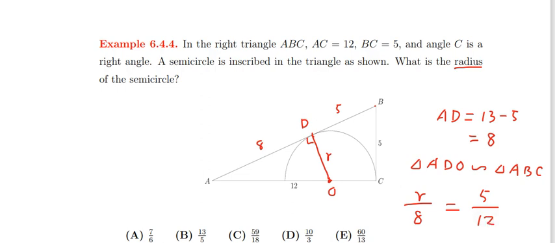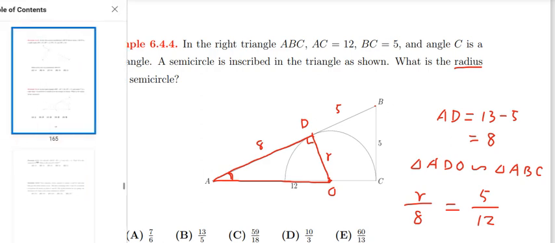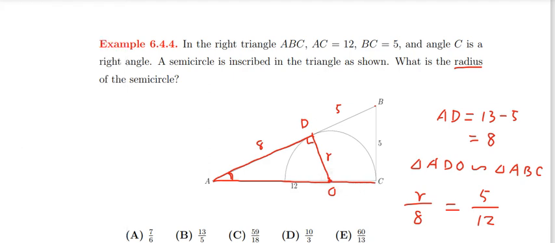So R over 8 is for the large triangle and for this angle, the opposite side over 8. So this equals 5 over 12.